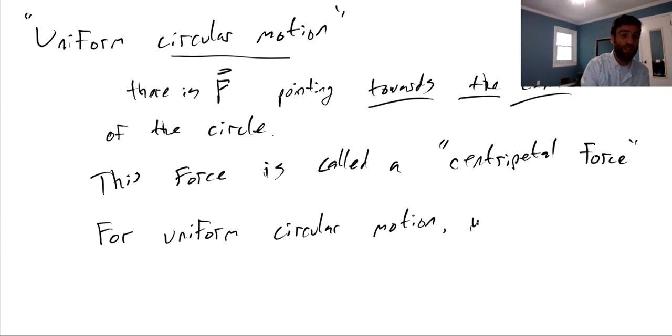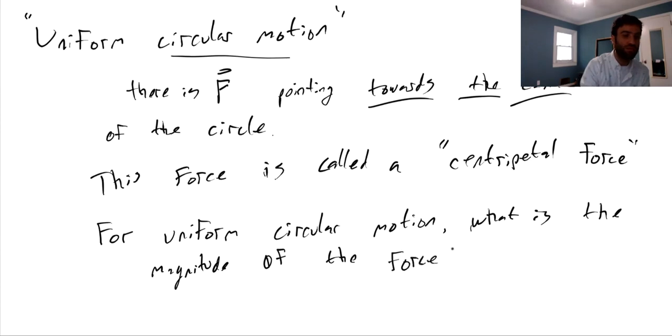What is the magnitude of the force? If you have a force that's not the right magnitude, you'll still turn, but you won't turn like in a perfect circle. Or maybe you'll accelerate as you turn, or change the magnitude of your speed as you turn. Of course, you'll accelerate as you turn. You see, it's the problem with the English language.